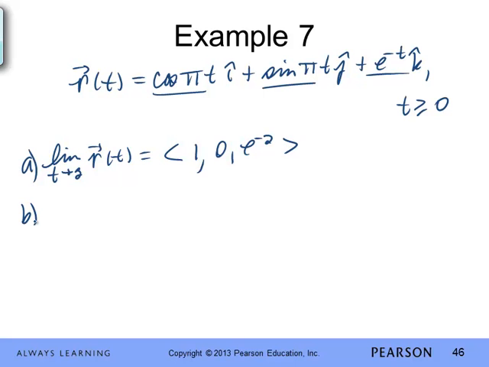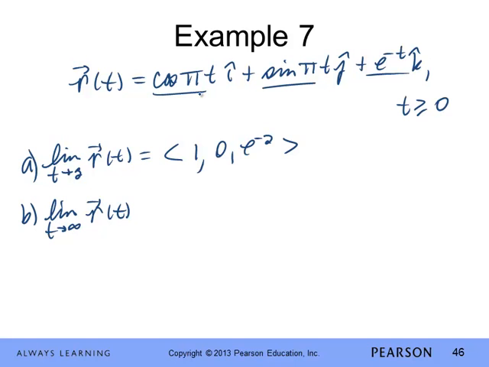B, evaluate the limit as t approaches infinity. Okay? Now, the cosine function, is that function headed anywhere as t goes to infinity? No, it's just going to oscillate up and down.